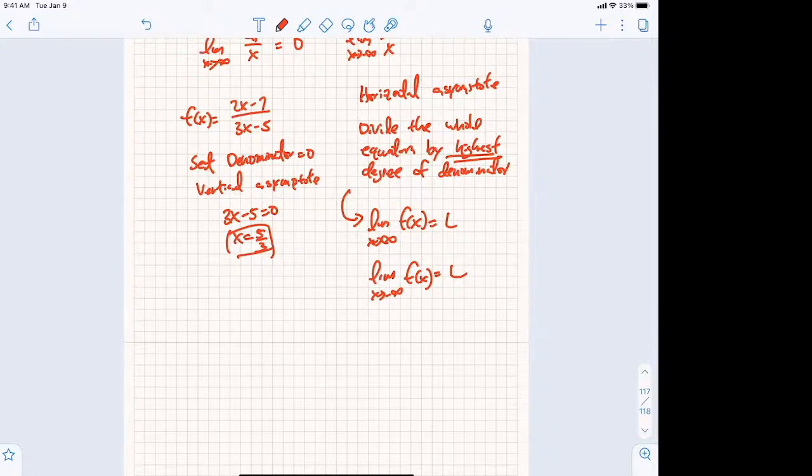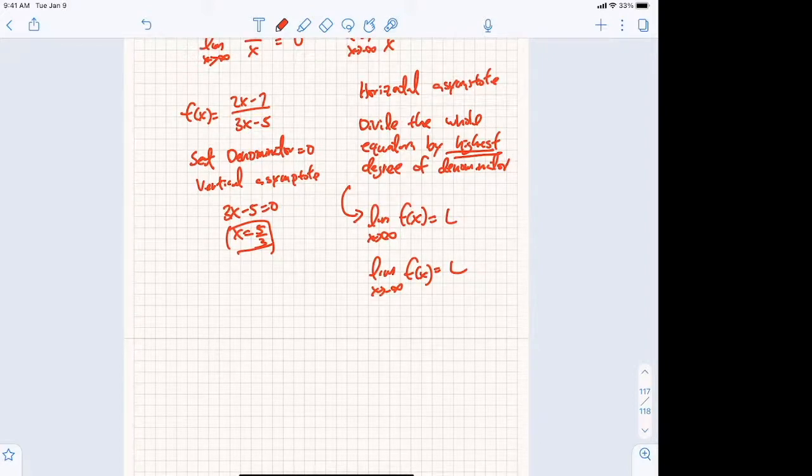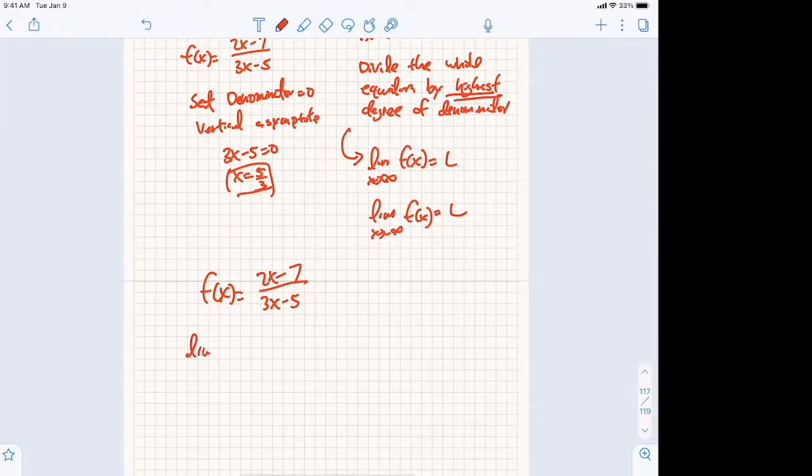Wait, so this is divide the whole equation by the highest degree of the denominator? Yeah, and I'm going to show you every term. f of x is equal to 2x minus 7 over 3x minus 5. I'm going to say limit as x approaches infinity of 2x minus 7 over 3x minus 5.